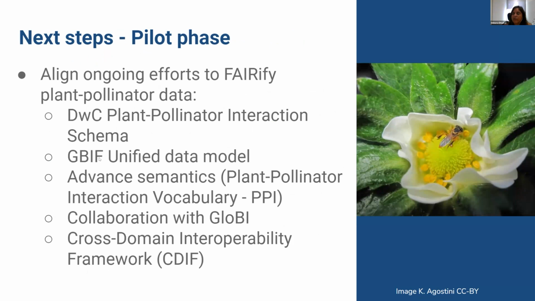We are also going to use the GBIF unified data model approach and see the differences and convergences between them. We are also advancing semantics with the plant-pollinator interactions vocabulary, and that's something that we are also working on better formalizing. And this has a connection to the cross-domain interoperability framework, which is one of the main objectives of the WorldFAIR project. And we are also collaborating with GloBI to mobilize data and make it more available.